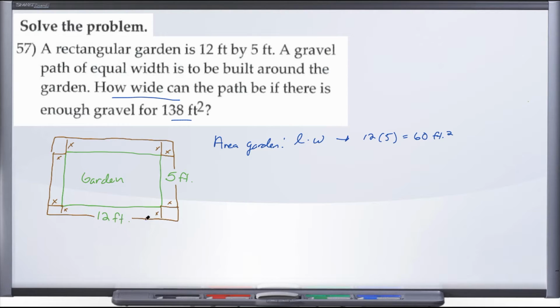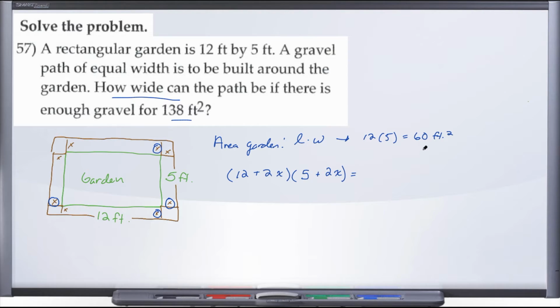So again, we're going to use length times width, but now, because we don't know how wide the path is, we're going to be using 12 feet, which is the length of the garden, plus this x, and plus this x will give us our new length, including the gravel path. So when we are doing our length times width, now we're going to say 12, which comes from the garden, plus 2x times, now 5 feet, plus x and x, so 5 feet plus 2x.